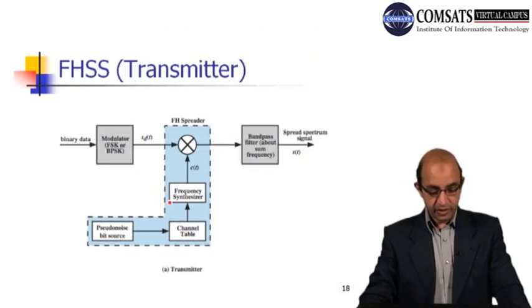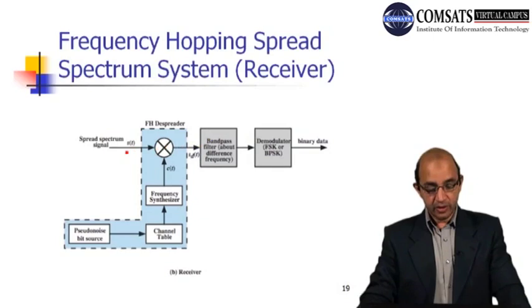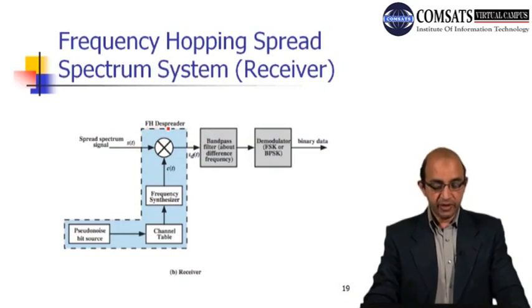So here you can see that we have the receiver design. As mentioned, the operations have to be reversed. Here we have the modulation first, and the hopping spreader last. On the receiver side, this is the received signal from the channel. First we have the despreader, with the pseudo noise bit source, which has to be synchronized.